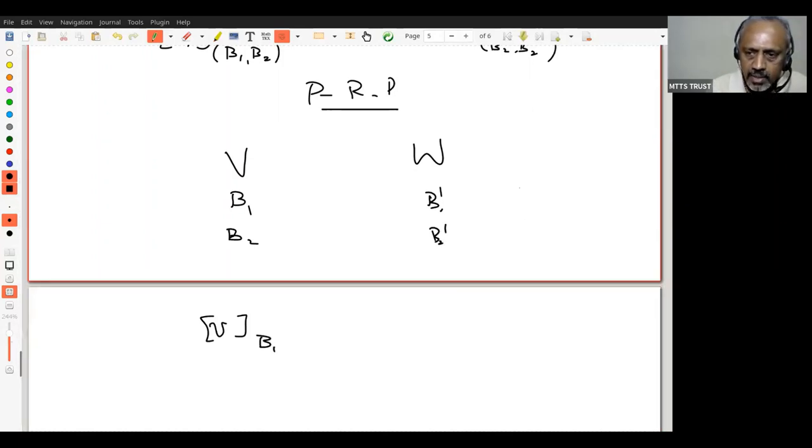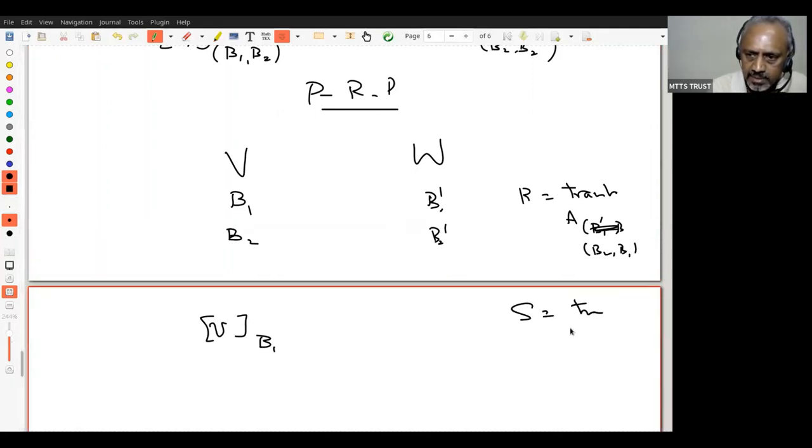Let R be the transition matrix, what we used to call A, from B2 to B1. And let S be the transition matrix on this one, that is B2 dash to B1 dash.